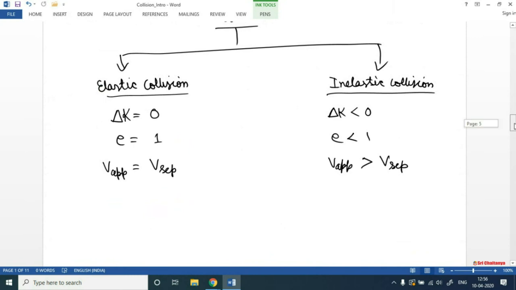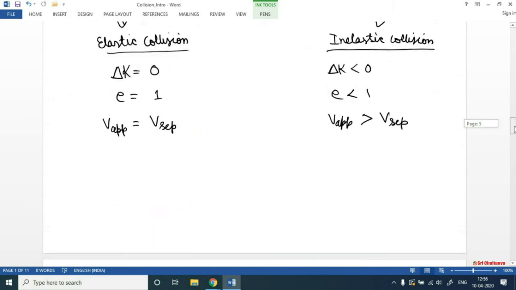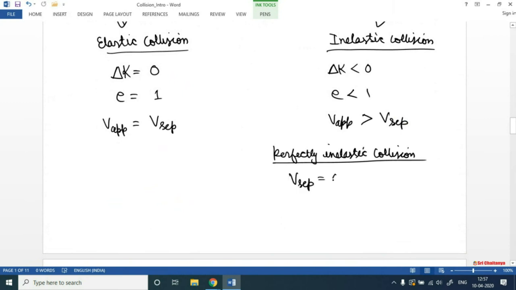So in this category over here, there is loss in kinetic energy, and there is a special kind of collision which you can term perfectly inelastic collision. Perfectly inelastic collision means the velocity of separation is equal to 0. Velocity of separation equal to 0 means relative velocity of the bodies after the collision will be 0.